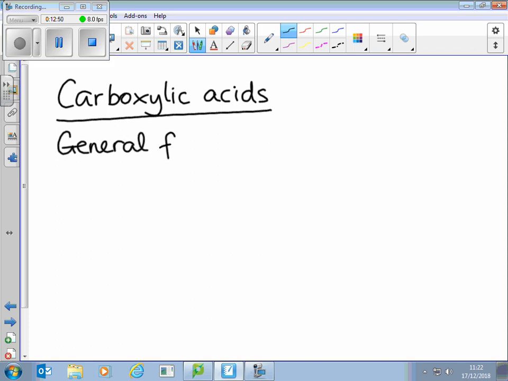I'll keep it simple to start with, but the general formula is rather like the alcohols, except that here we have CnH2n+1, and then a bit that looks strange, but this is our functional group. Although with the alcohols it was just an OH group, here we've got another carbon involved. So we have C, and then it's written OOH.